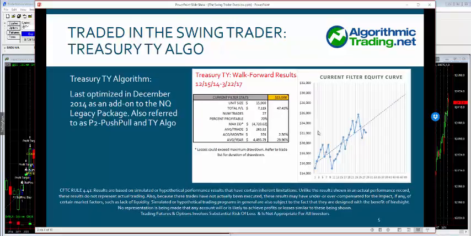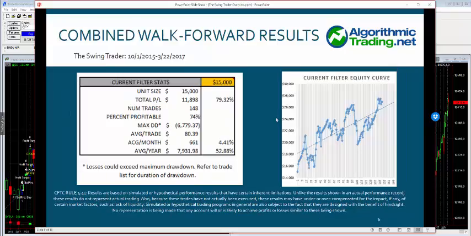And if we can also do well on the TY, then it sets us up really well, because in theory, if the S&P goes lower and we go into a bear market, then the 10-year should do even better, and that's our expectation. So what I'd like to do now is talk about the combined results of the two algorithms combined, which is the swing trader, and talk about how it's done.